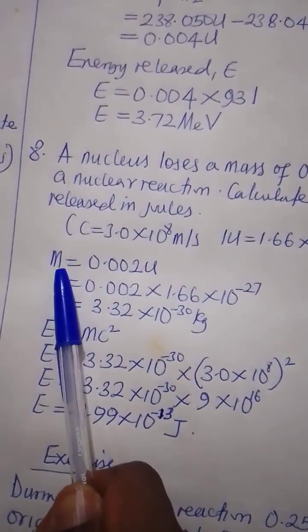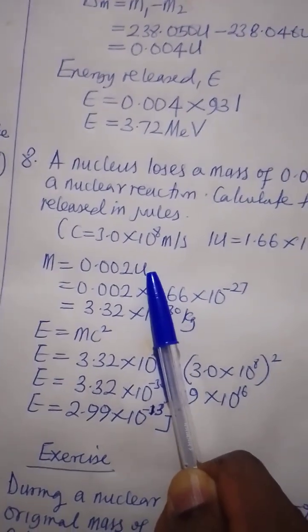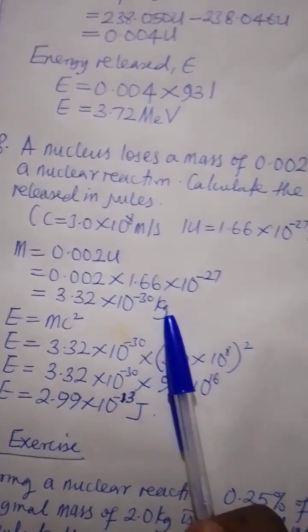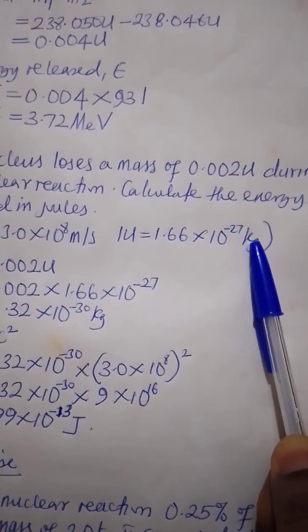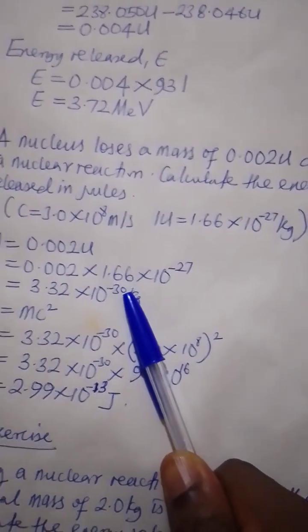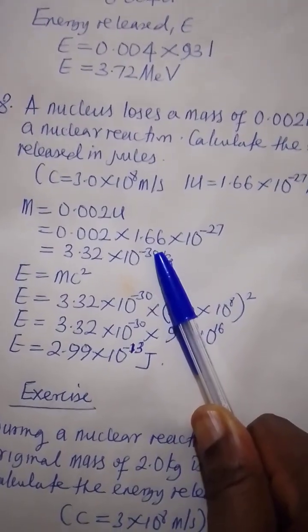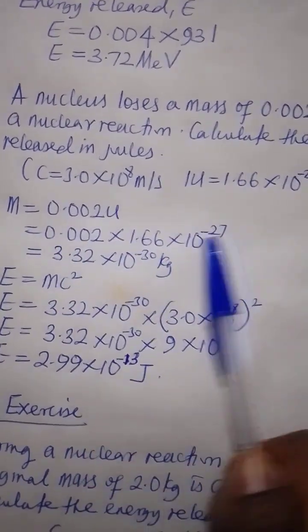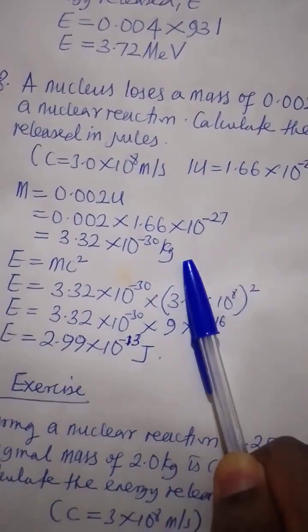Of course, we need to convert 0.002 U to kilogram by multiplying by 1.66 times 10 to the power minus 27 kilogram, because we're not given 1 U as 931 mega electron volt. So when we do that, we're going to get 3.32 times 10 to the power minus 30 kilogram.